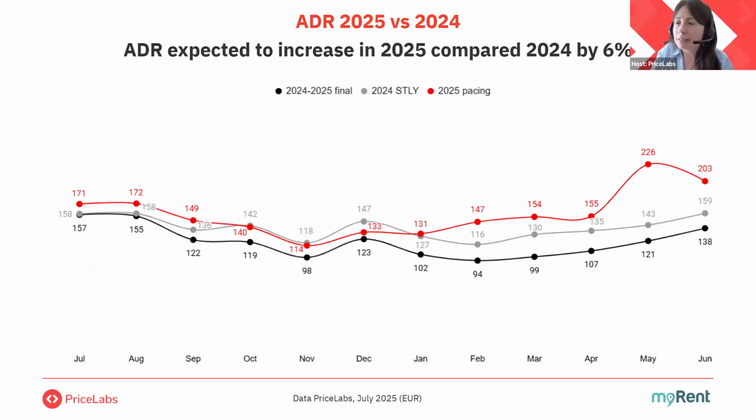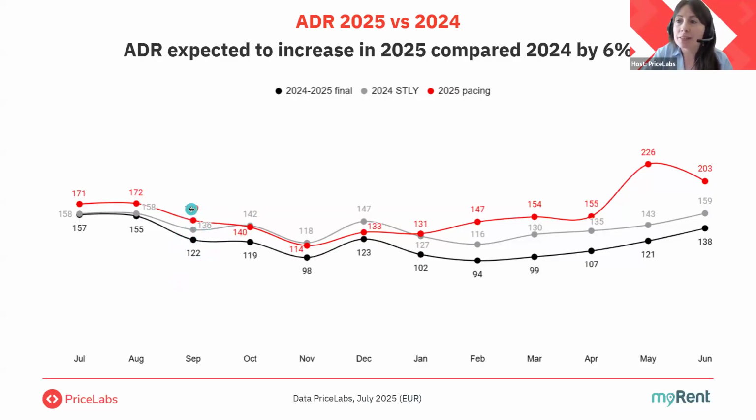What we can see is that in some months, ADR is lower compared to last year, so October, November, and December, but this might be because of low season and because we still don't have a significant occupancy for this month. What we observed last year is that the gray line was higher than the black line.